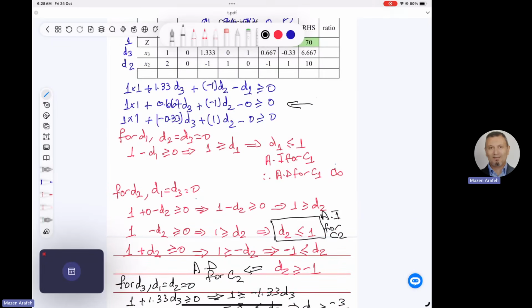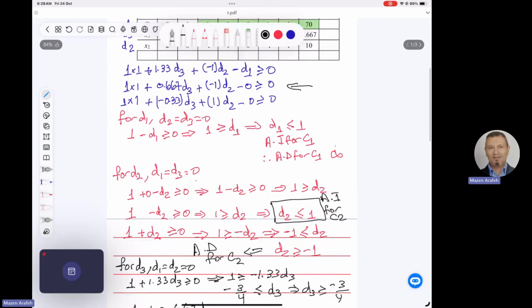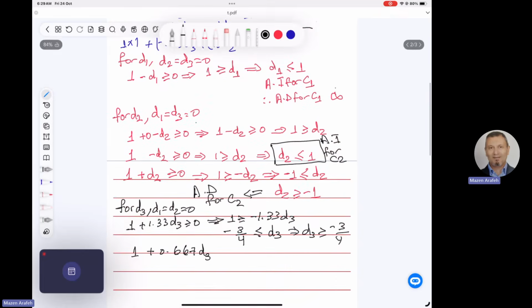It is 1 plus 0.667 D3. And again, this is plus minus 1 times D2, D2 is 0, minus 0. So this is greater than or equal to 0.